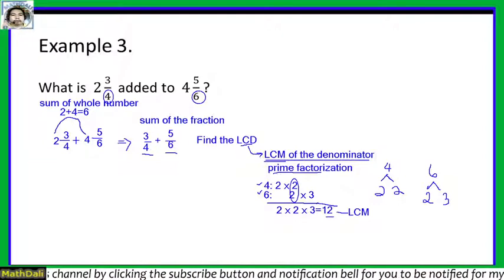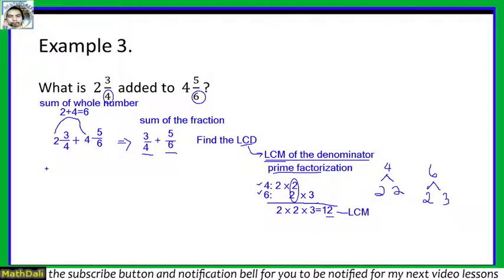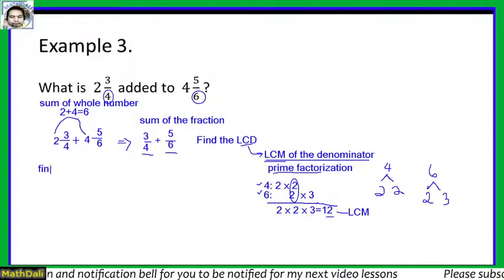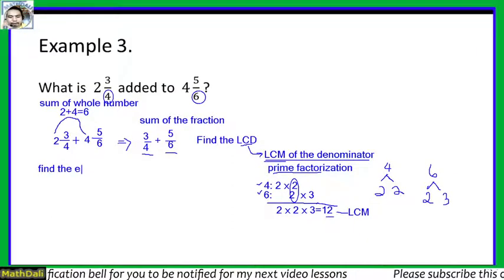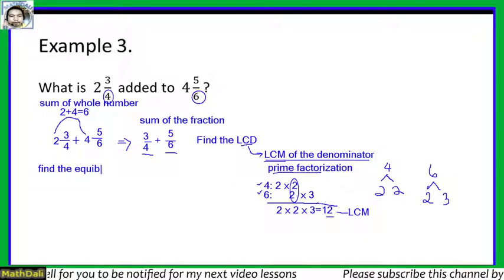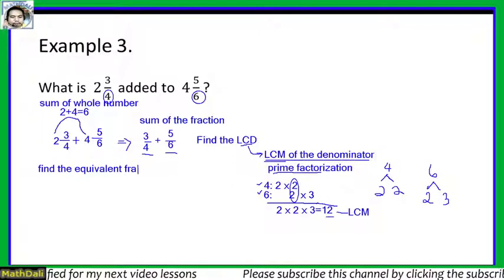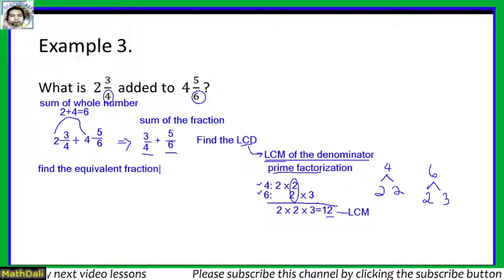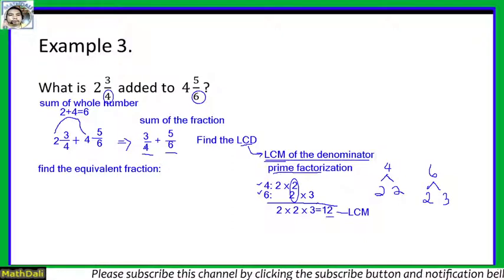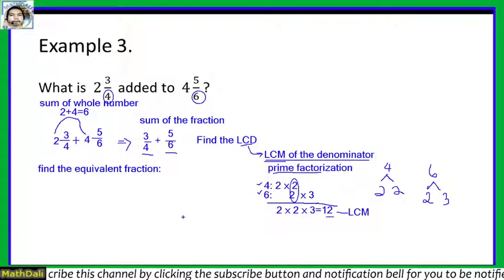So, pwede na natin kunin yung ating equivalent fraction. Find the equivalent fraction. Okay, you're going to find the equivalent fraction of 3/4 and 5/6 na kung saan yung denominator natin ay 12.